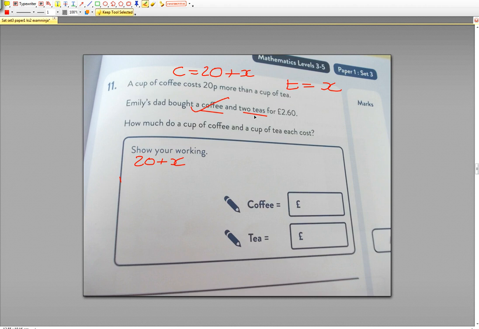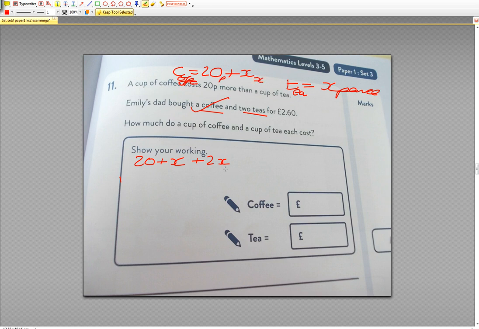And 2 teas, so it will be 2 lots of X, because the tea is represented by X. So we're using algebraic letters to represent numbers. The tea is X pence, and the coffee is 20p plus X pence.